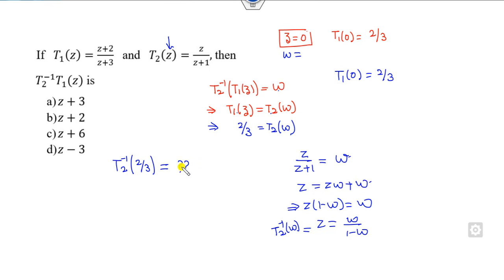If I substitute t2 inverse of w, it is 1 minus 2 over 3. So what is that? It's 1 over 3. Because z is equal to 0, only answer 2 fits here. This is a simple way you can solve it. So B is the required answer of this problem.